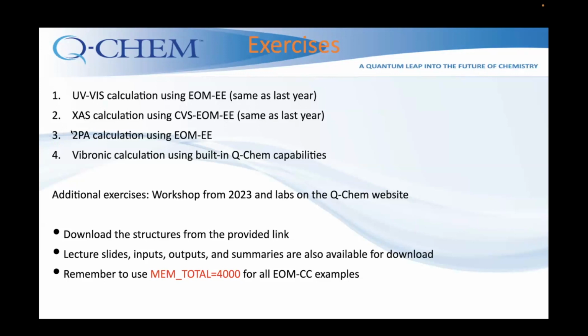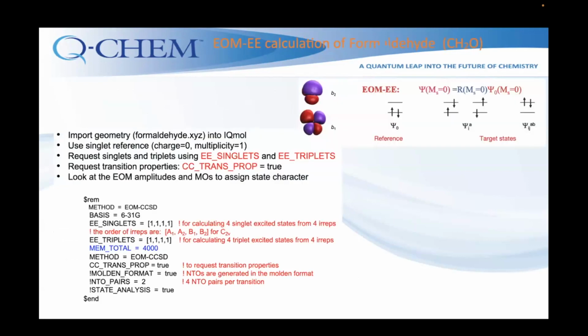One is two-photon spectroscopy calculation using equation of motion for excitation energies. And the second one is Vibronic calculation using built-in Q-Chem capabilities. So how can you get a Franck-Condon spectrum by just running Q-Chem with IQMol? All the exercises are in the Google Drive, to which you already have the link.